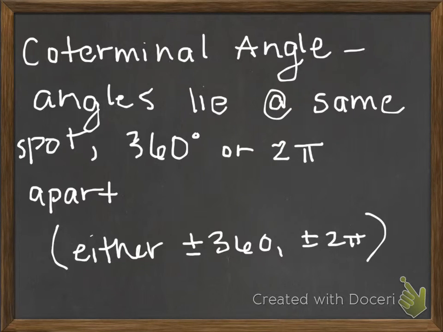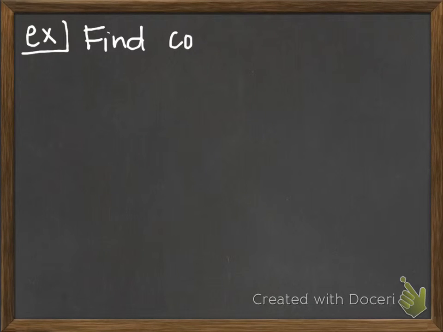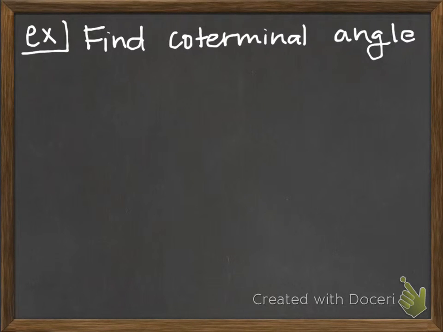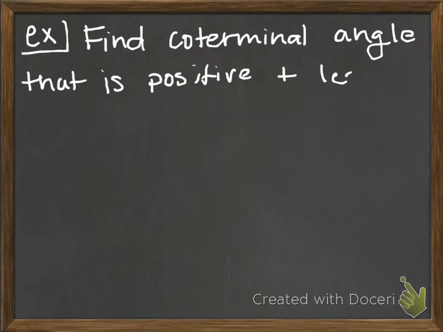So just an example on this. The directions are going to say find a coterminal angle that is positive and less than 360 degrees or 2 pi.